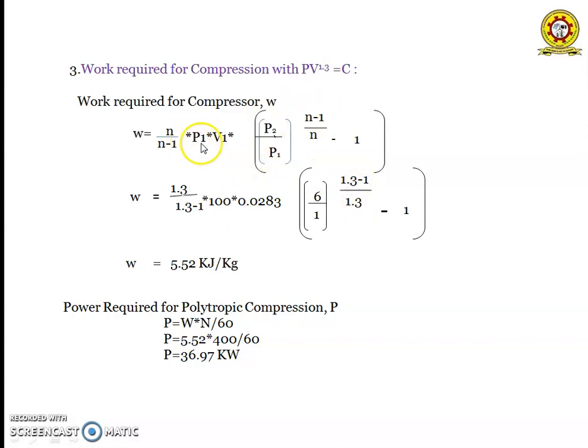So by substituting P1 as 100 kilonewton per meter square and V1 as 0.0283 meter cube and P2 as 5 bar and P1 as 1 bar, we will get work done as 5.52 kilojoules per kg. So we have to calculate the power required. So power required for a polytropic compressor P = W × N/60. So by substituting work and N equal to 400 RPM, we will get power as 36.97 kilowatts.